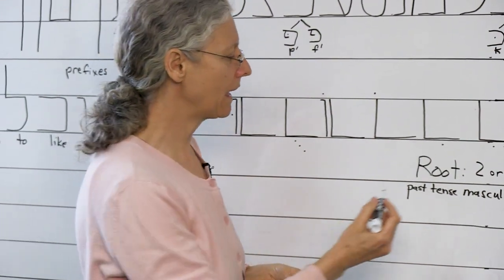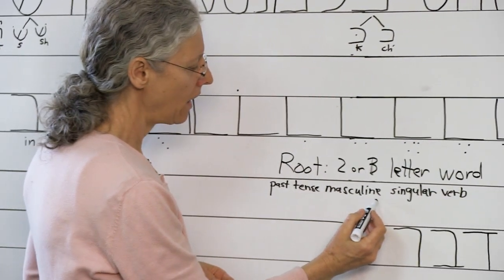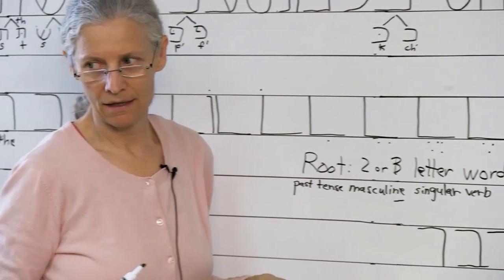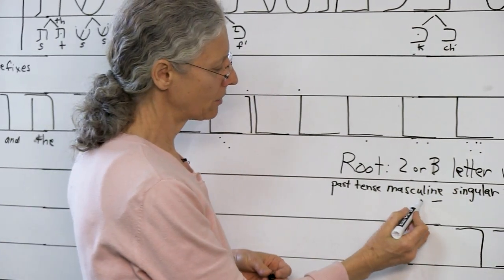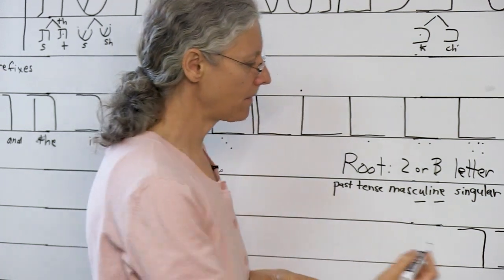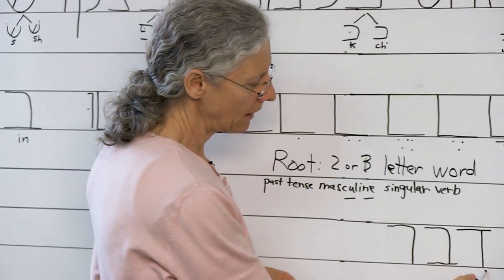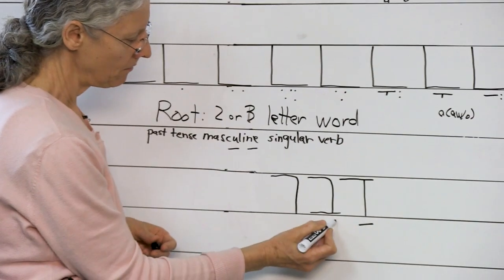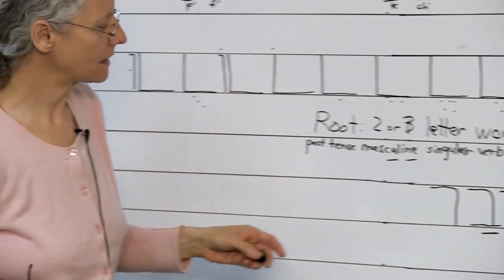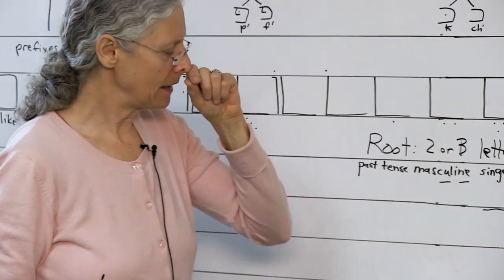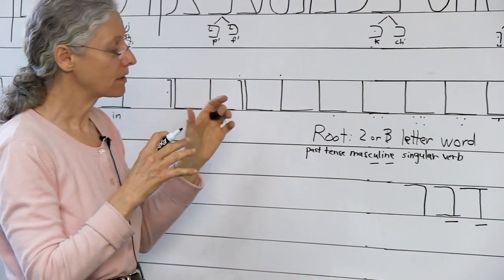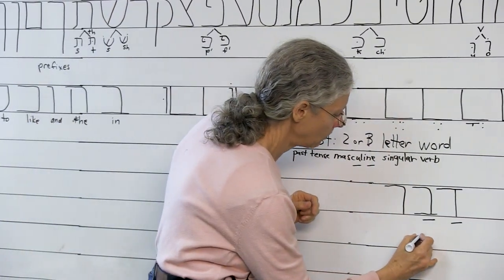You'll get used to it after a while. It's always pronounced with the ah patach. All the syllables are pronounced with the ah patach, okay? So this would be pronounced da bar, which means spoke.